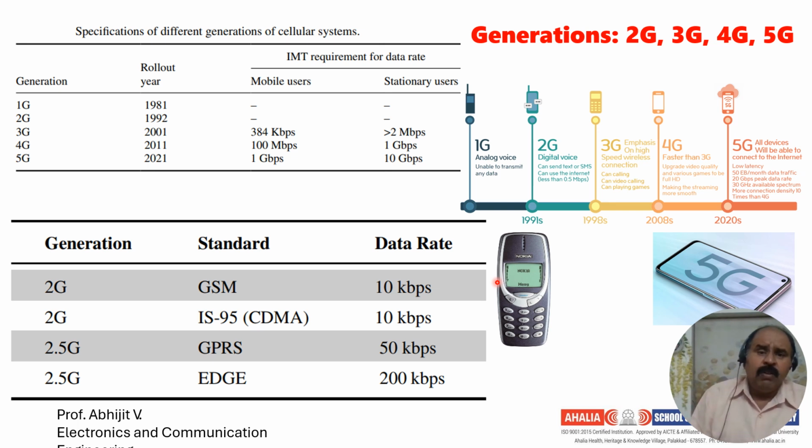So as we go on, our equipment, our requirements, our infrastructure, everything is changing very, very fast. That is why in the introduction I told you that wireless communication systems are among the fastest growing domains in communication and all other related industries.